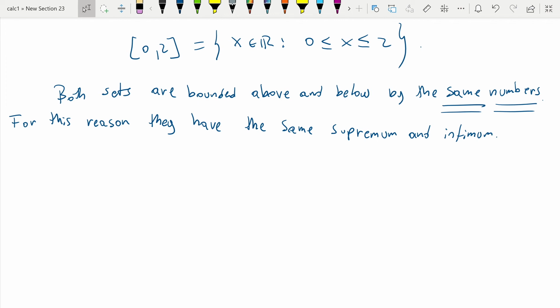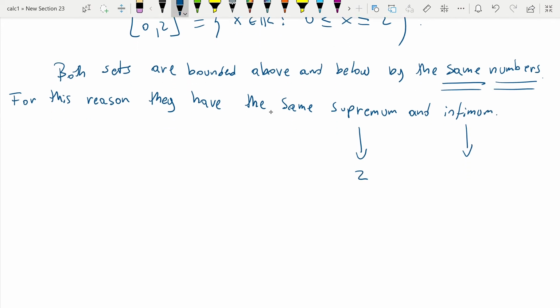Okay, so far everything is the same for both sets. But before continuing, what are this supremum and infimum? The supremum in this case is 2, and the infimum is the number 0.